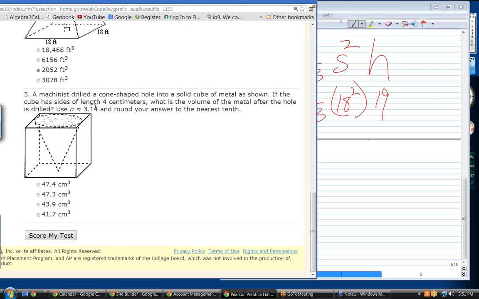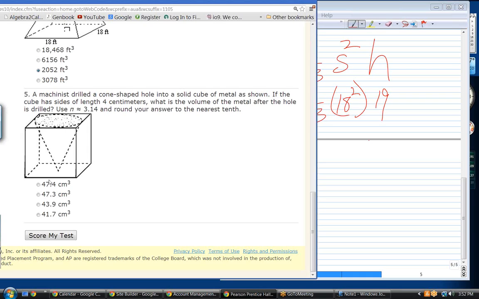Well, it does. The cube is 4 centimeters. Okay. And they're assuming that the diameter of the cone is 4 centimeters also. And the height of the cone would be 4 centimeters.